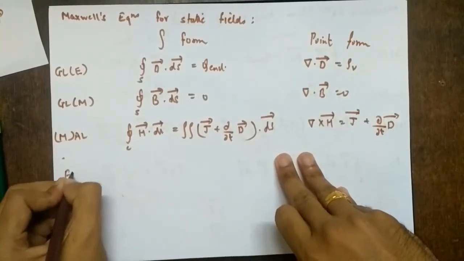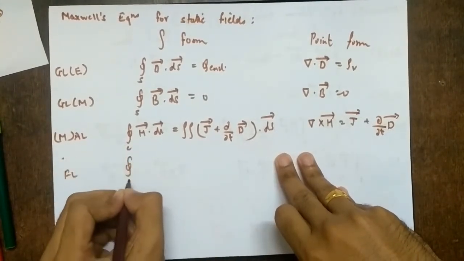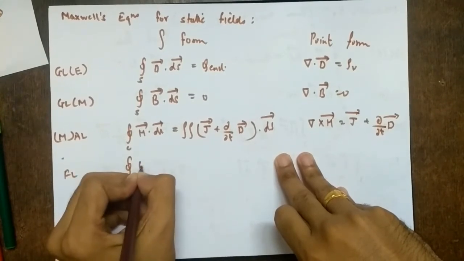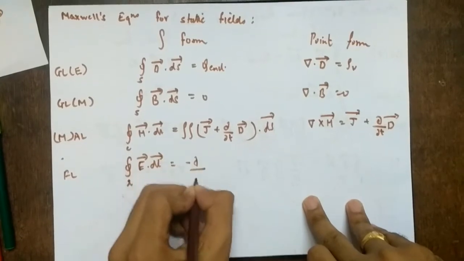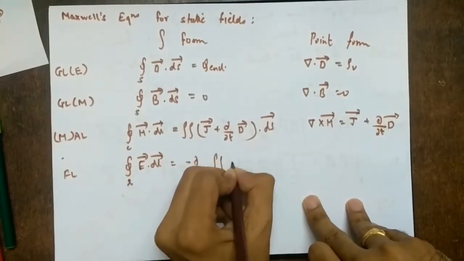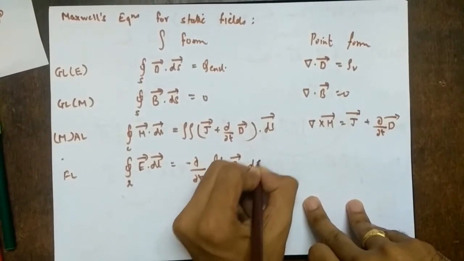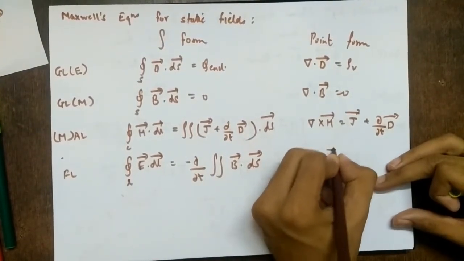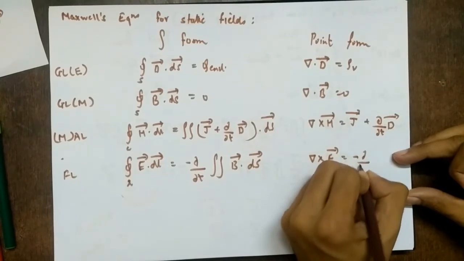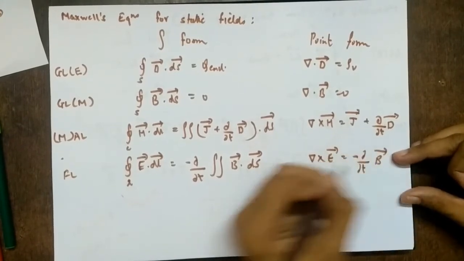Then we have Faraday's law. So Faraday's law is closed integral of E vector dot dl vector equal to minus del by del t of surface integral of B vector dot dS vector. We have del cross E vector equal to minus del B by del t.